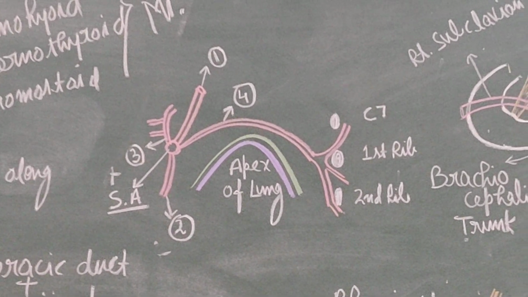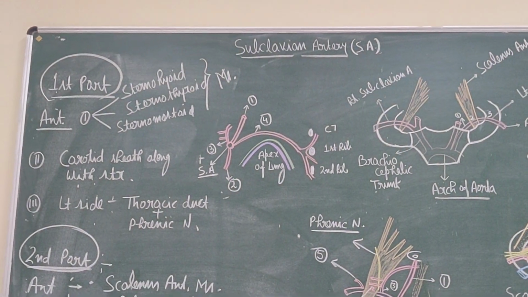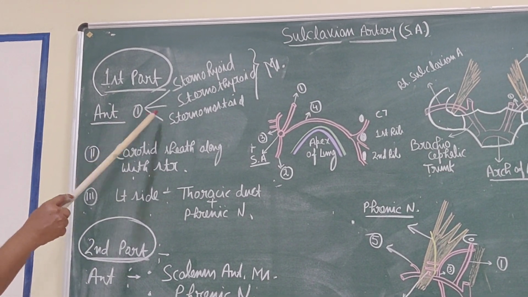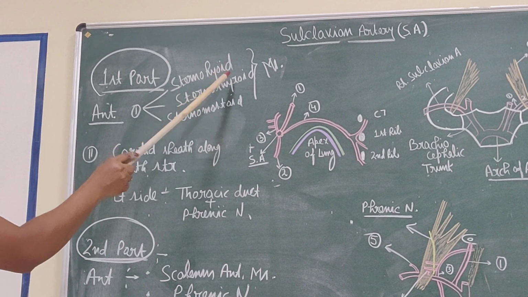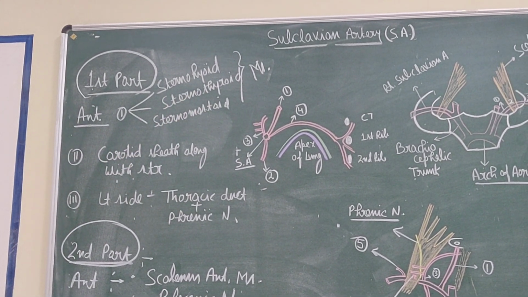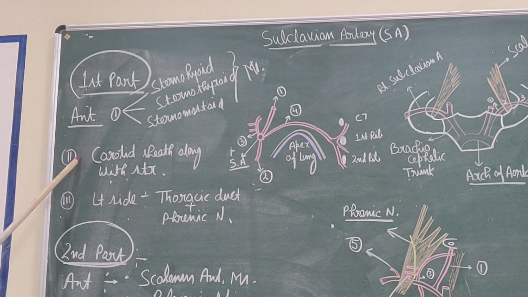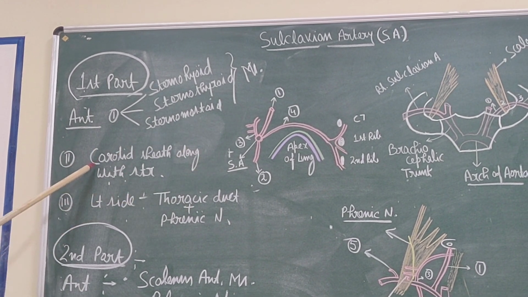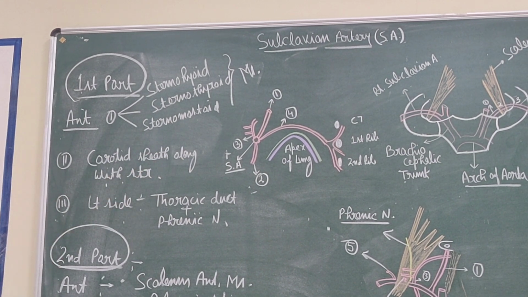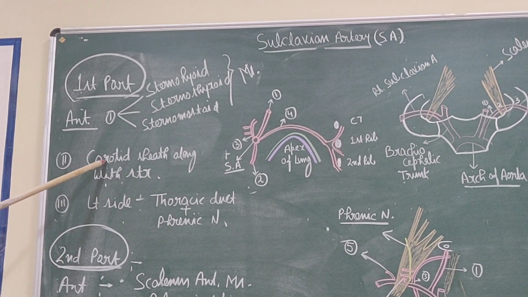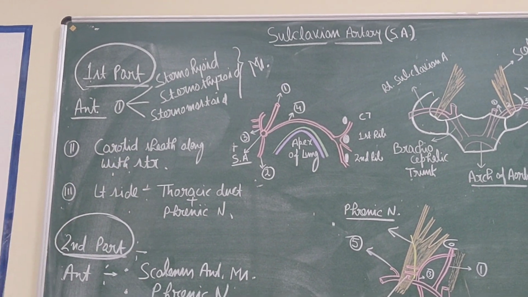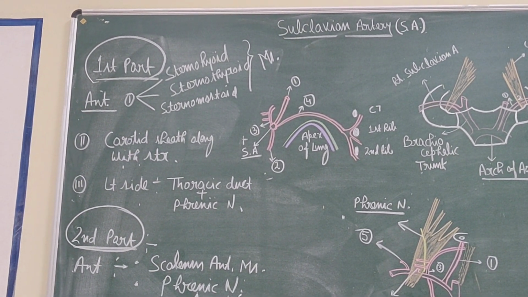If you see the first part, anterior relations, like the common carotid artery, this anterior part is overlapped with the sternocleidomastoid, sternothyroid, and the sternohyoid muscles. Then it is anteriorly related with the carotid sheath along with its structures, that are the vagus nerve and the common carotid artery along with the internal jugular vein.